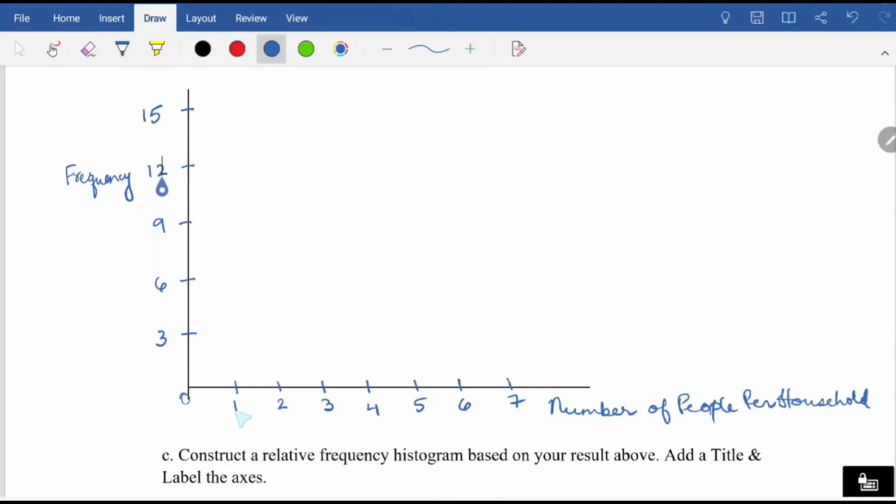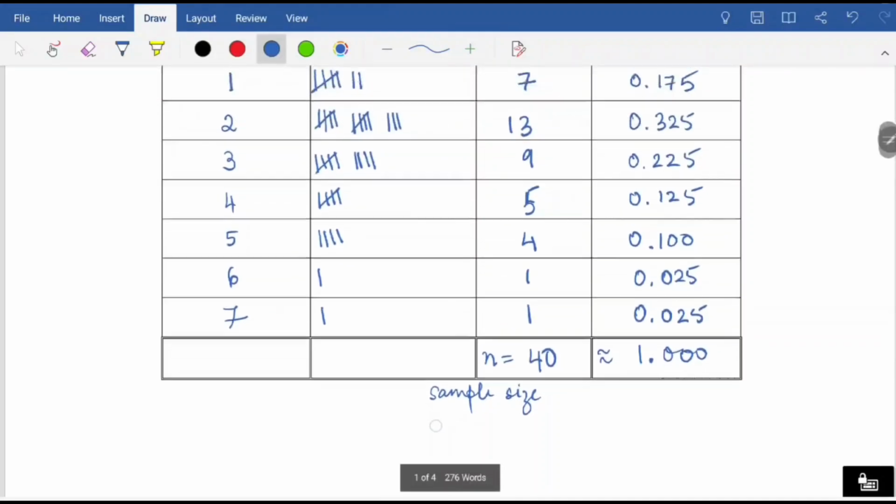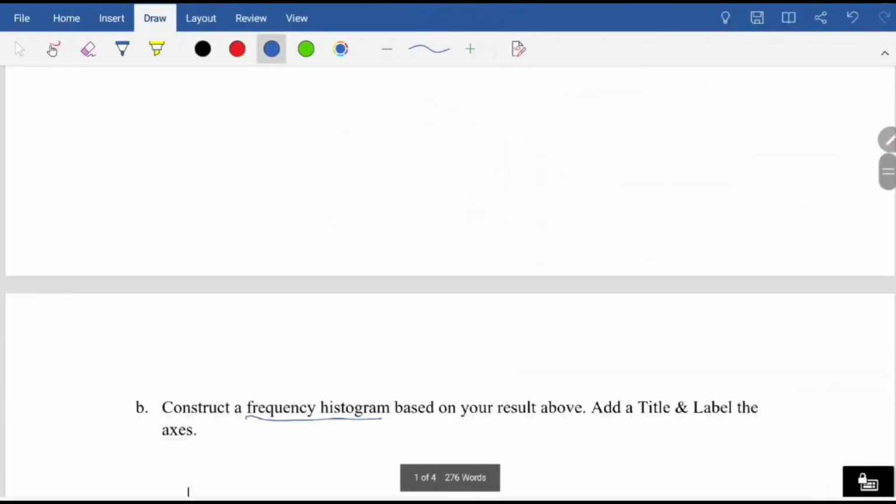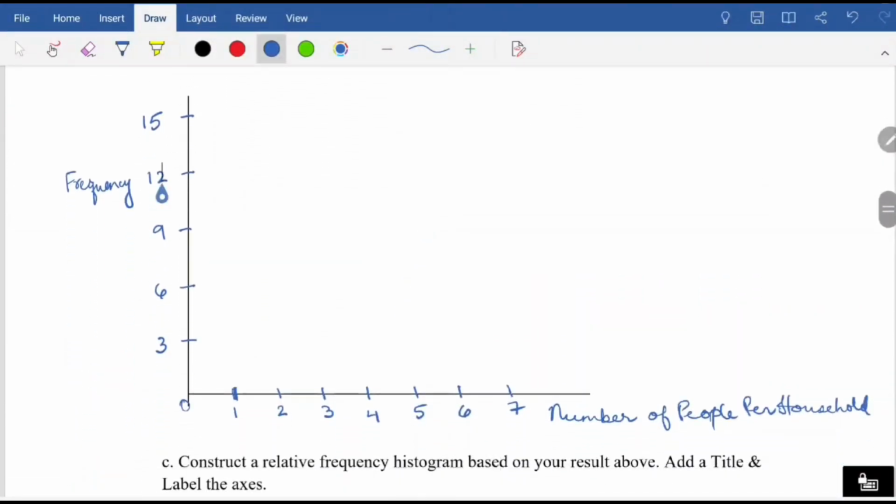Now for how many of the respondents said they had one member in their household. So that was 7, right? So we have to draw a rectangle bar going all the way up to 7. Where would we have 7? Would be a little above 6, right? Maybe somewhere here.